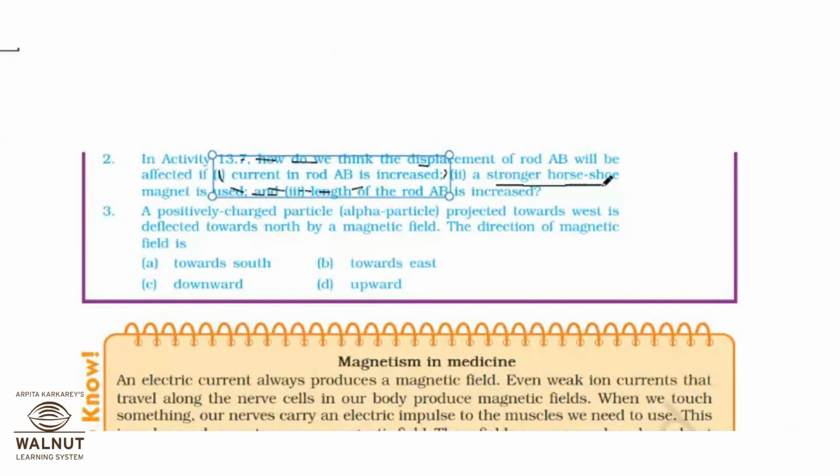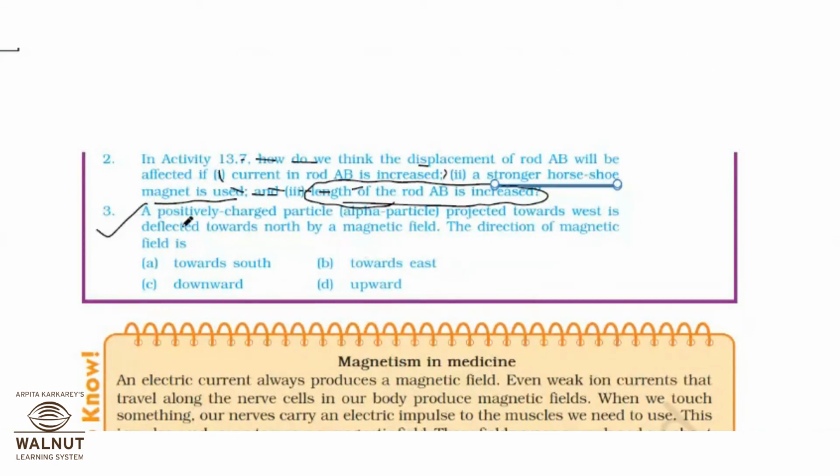If you use a stronger horseshoe magnet, using a stronger horseshoe magnet means you are increasing the field strength. So again, the displacement will increase, and if the length of the rod AB is increased, again in that case the displacement will increase. Okay, so in all the three cases, there is an increase.